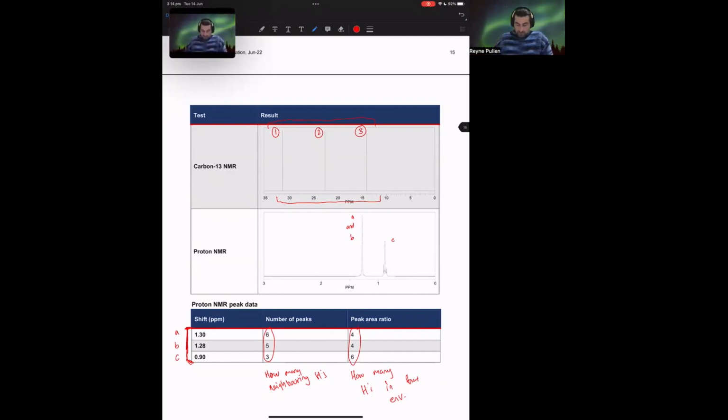Based off of what the proton NMR said, if we come down to the ratio again, it's suggesting that there are 6 hydrogens at the 0.9 environment, or if we look at either of the 1.3 or the 1.28, there are 4 hydrogens at each of those. That doesn't make sense if there are only 3 carbons, so we want to be open to the idea that there are more carbons present.